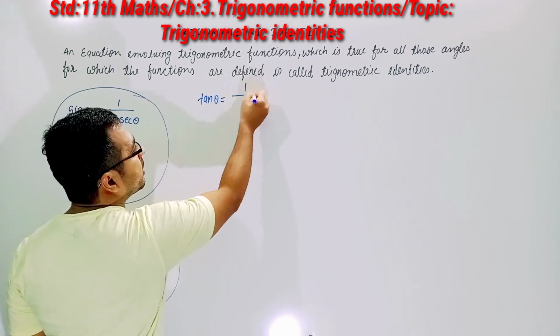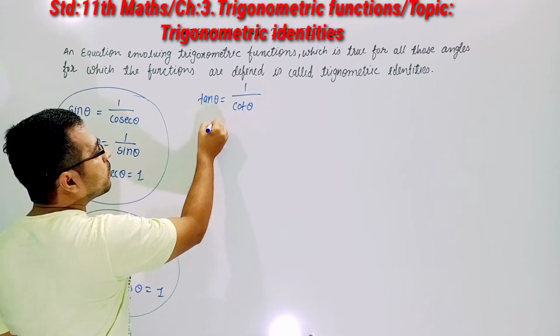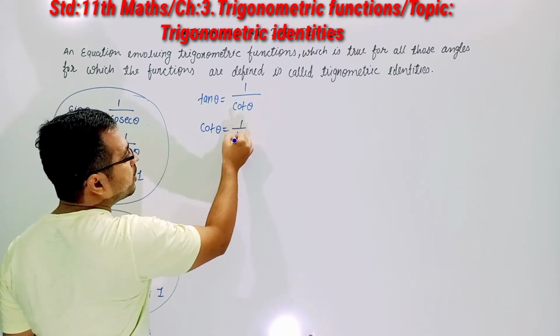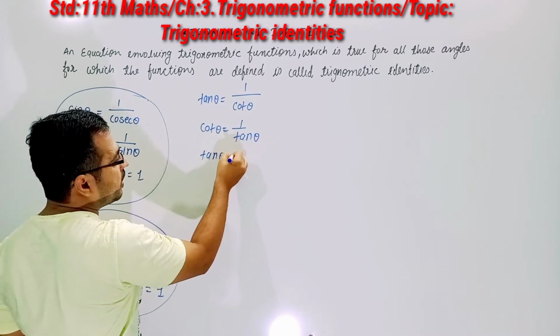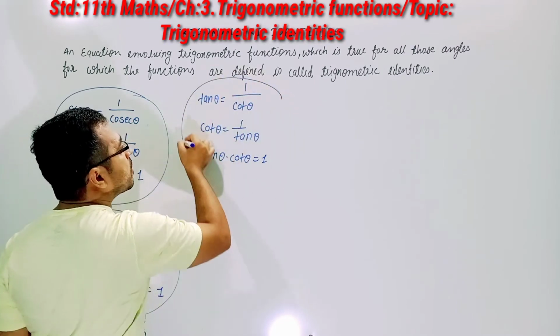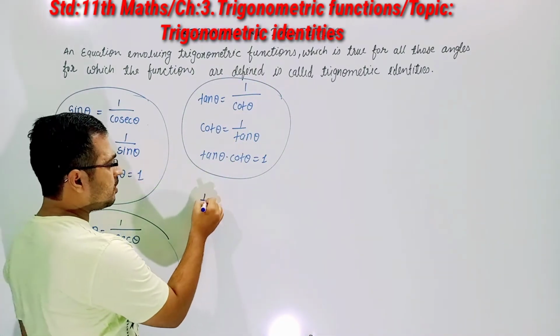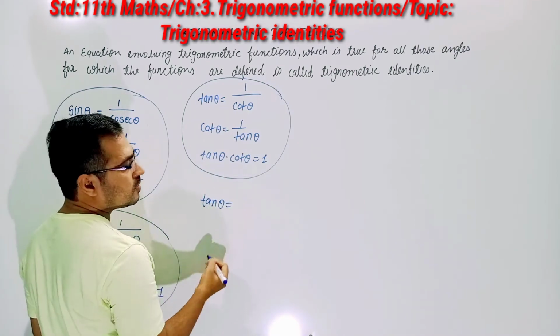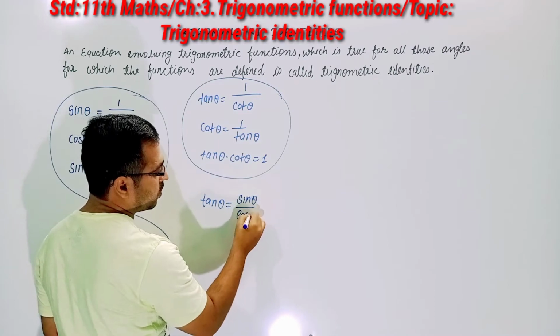Tan theta can be written as 1 upon cot theta, and the reciprocal of cot theta is 1 upon tan theta. So the product of tan theta and cot theta will be 1.